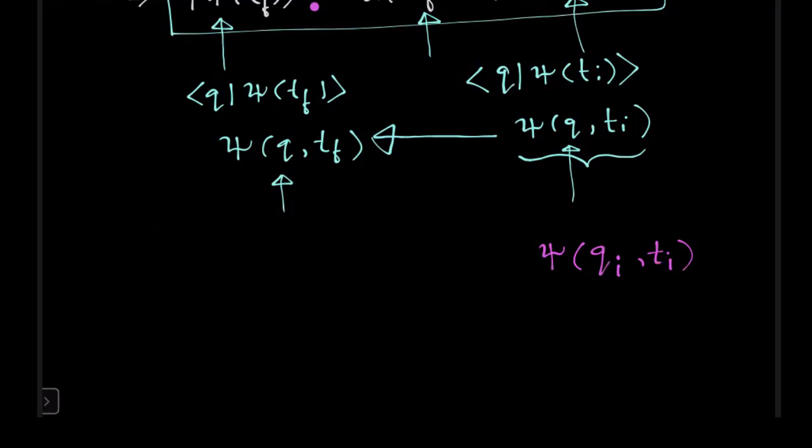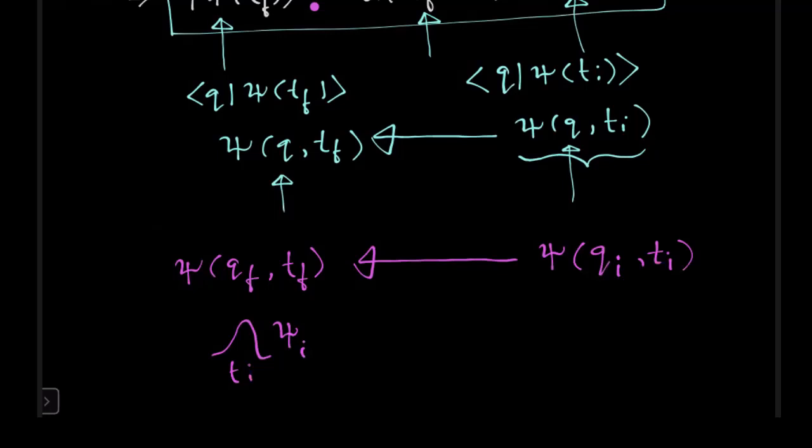So the whole idea is, is there a way I can go from psi of qi, ti to psi of qf, tf? If you had a wave function at the initial time, let me write it as psi I, then I want to see what happens to the wave function at the final time, but now at a different coordinate position, that is qf.